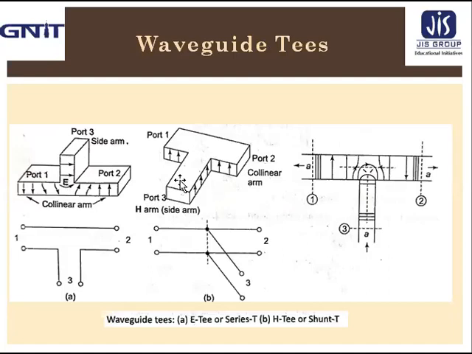Conversely, an input wave at port 3 will be equally divided into port 1 and port 2 in phase, because the magnetic field loops get divided into two arms, 1 and 2, in a manner similar to currents between branches in a parallel circuit.